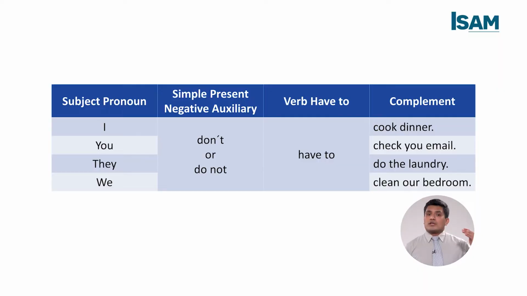But if we use the subject pronouns I, you, they, and we, we are going to use the negative auxiliary don't. So we can say I don't have to, you don't have to, they don't have to, or we don't have to, and we complete our sentence. That's right? Excellent.